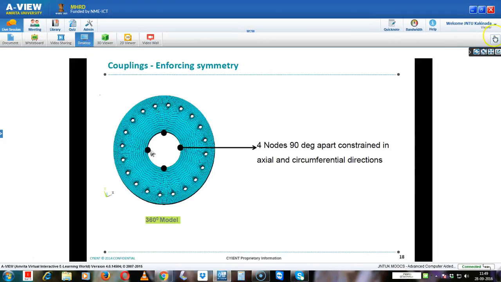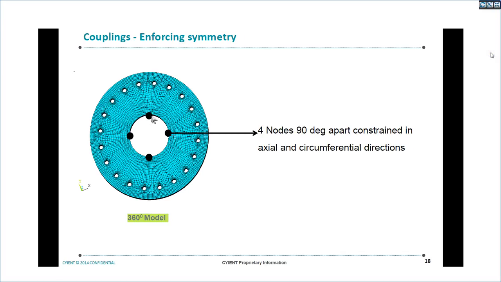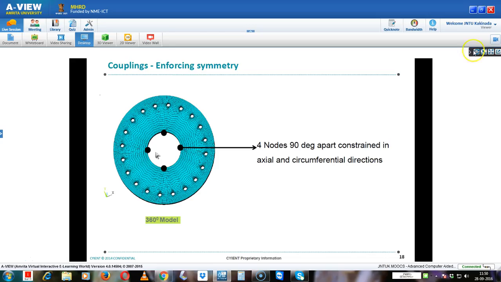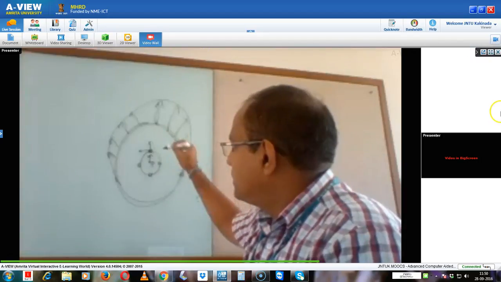Here the constraint, as we discussed earlier, is that we constrain 4 nodes, 90 degrees apart, in the axial and circumferential directions. We selected these nodes and rotated them into a cylindrical coordinate system. Radial will be this direction and axial will be into the plane.